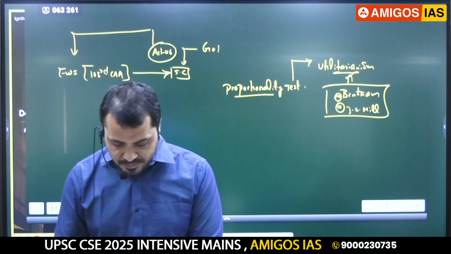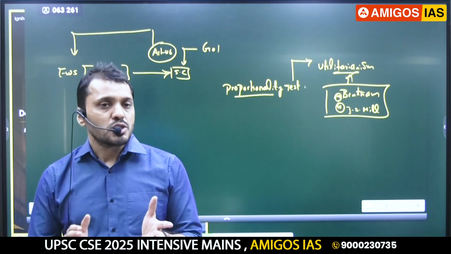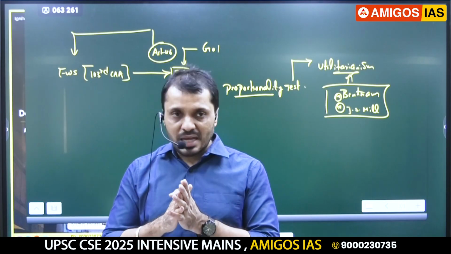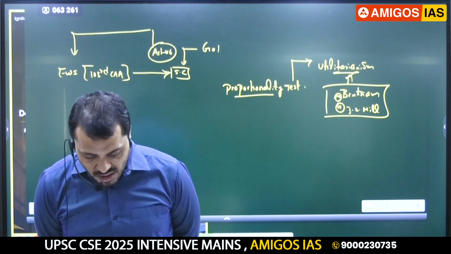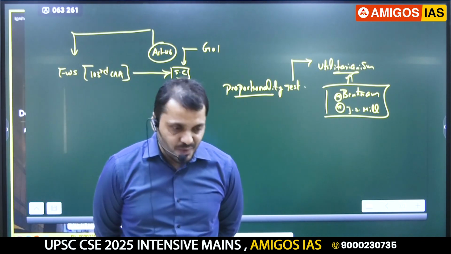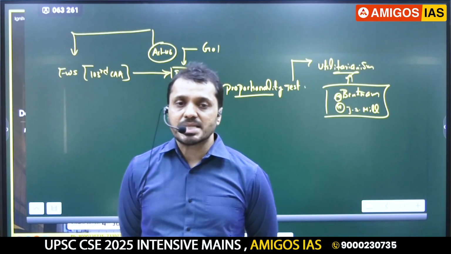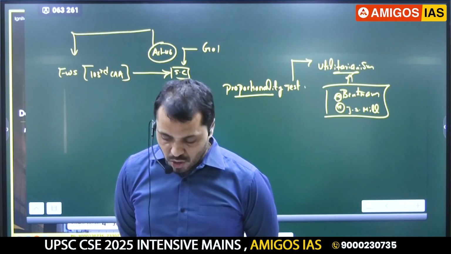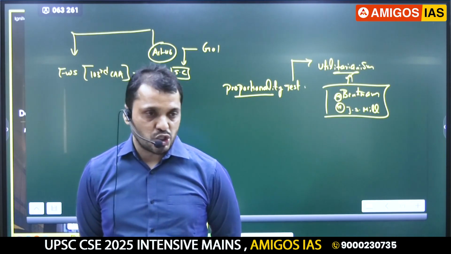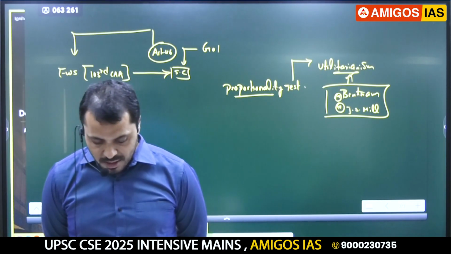Finally, you have to write that so far the constitution has been amended more than 100 times without violating the basic structure of the constitution. In case it is violated, judicial review acts as a guardian of the constitution to prevent misuse of the amending power. That should be the balancing part of the answer.